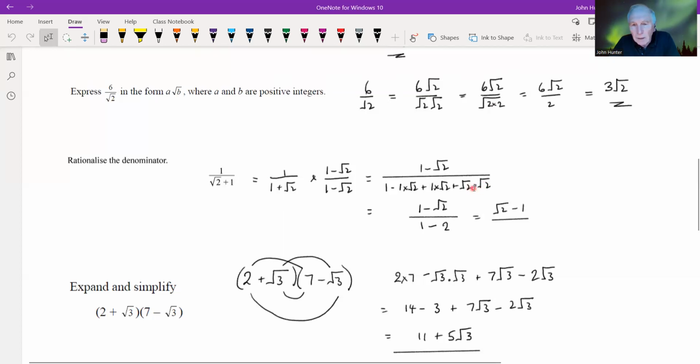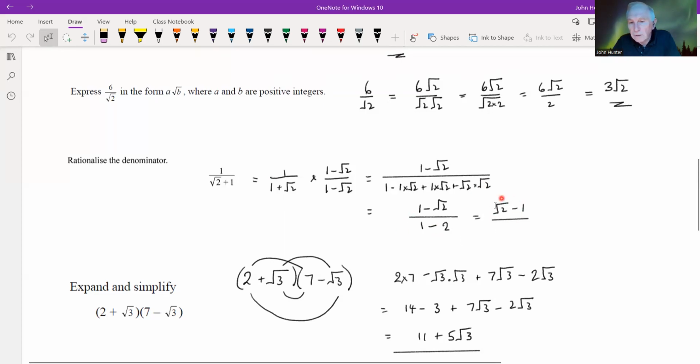Since these terms drop out, that's 1 minus 2, the product of root 2 and root 2. So that's going to give us 1 minus root 2 on the numerator and 1 minus 2 on the denominator, which is just minus 1. Then we just switch the signs around because we've multiplied by minus 1 on the numerator and denominator.